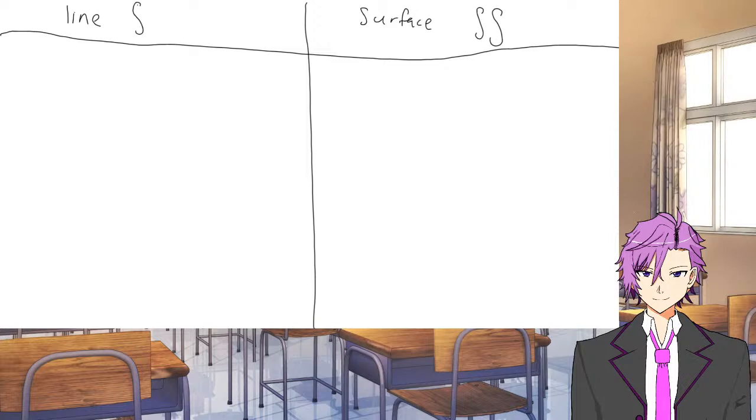So if you guys remember what I did on the previous stream, in vector fields there is something that is related to conservation of vector fields. Let's erase this.